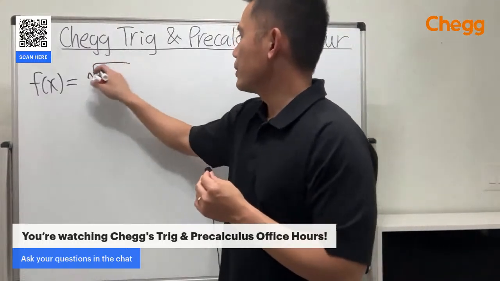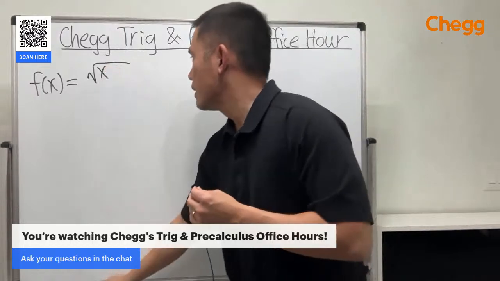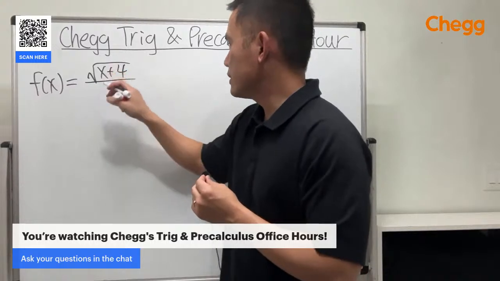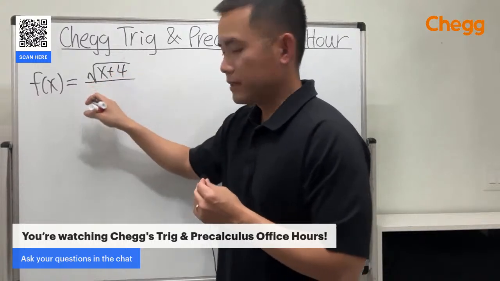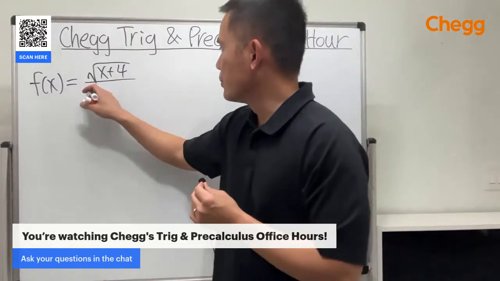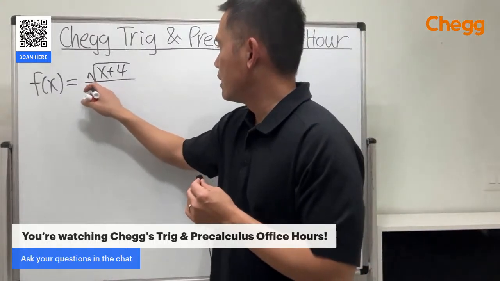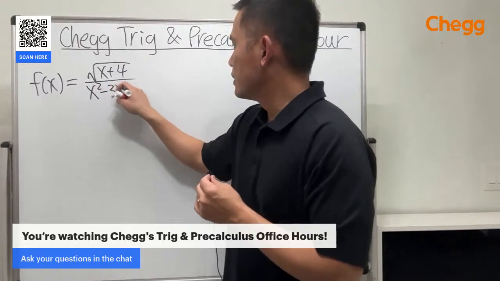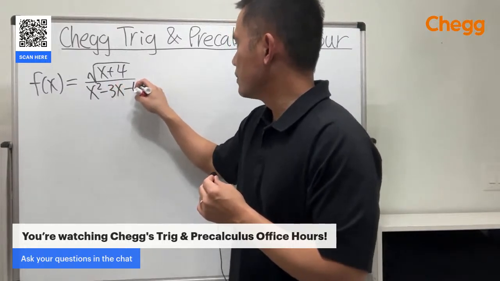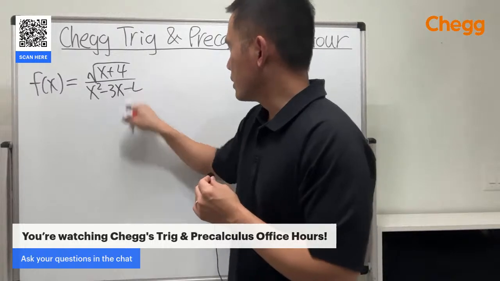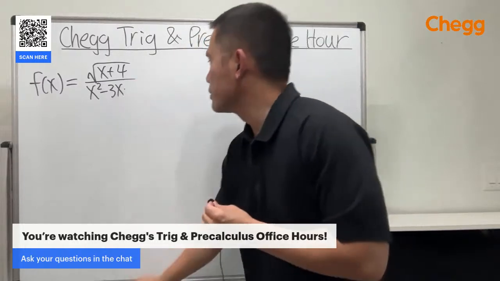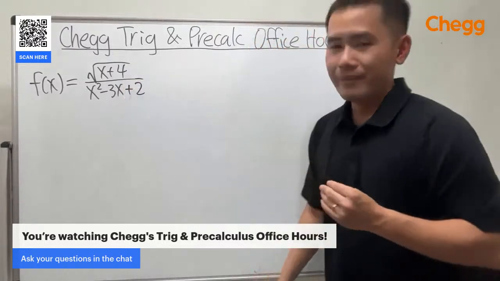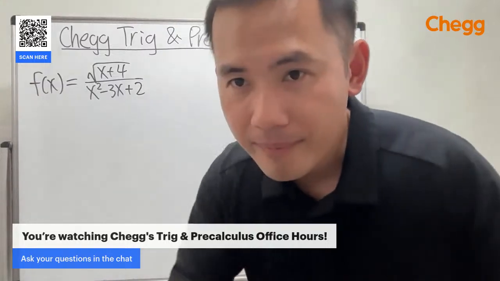Let's do square root of x minus 4, over square root of x plus 4, and then on the bottom, let's do x squared minus 3x plus 2.